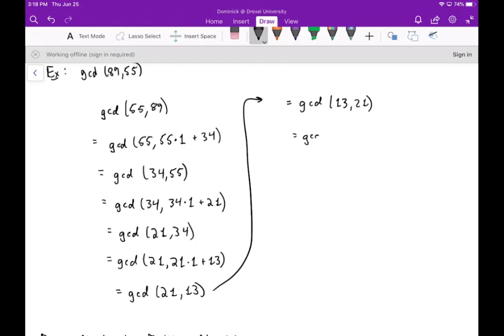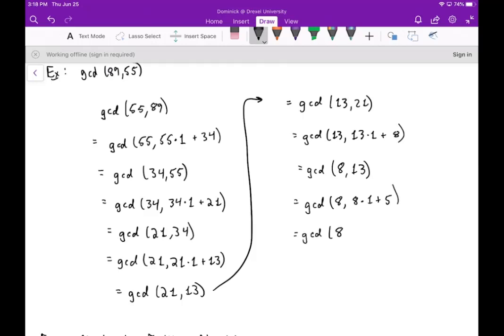So then 21, I can write as 13 times 1 plus 8. So this is the GCD of 13 and 8, or 8 and 13. Then I can write 13 as 8 times 1 plus 5, which is the GCD of 8 and 5.